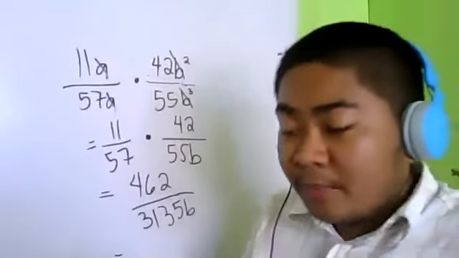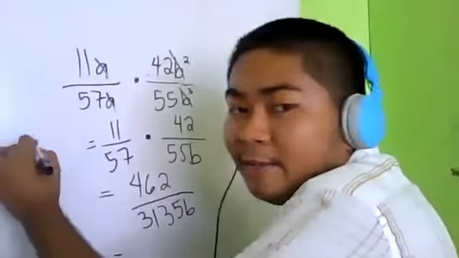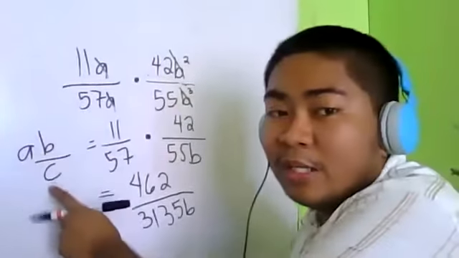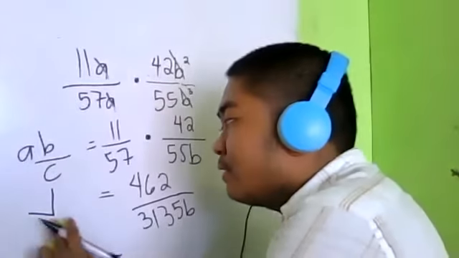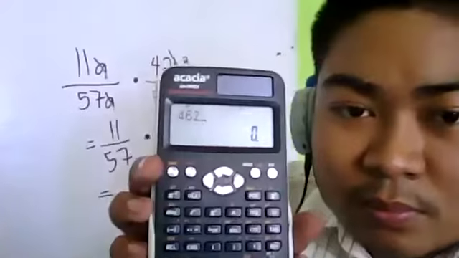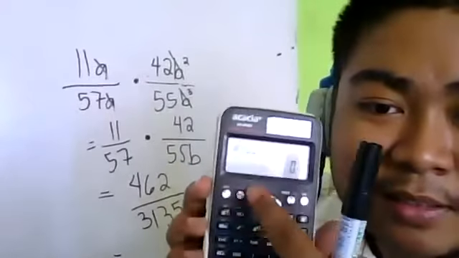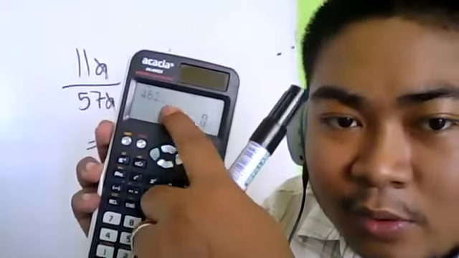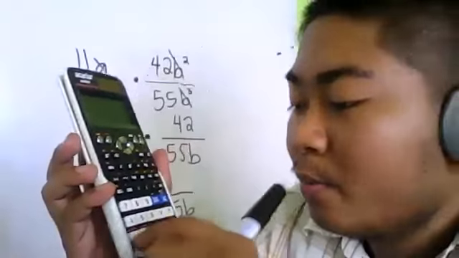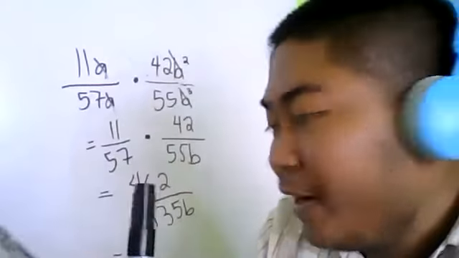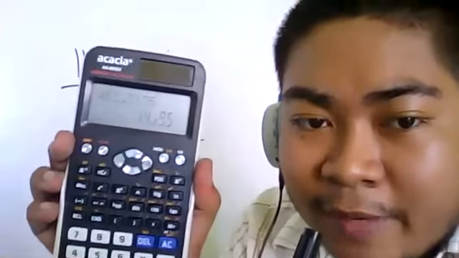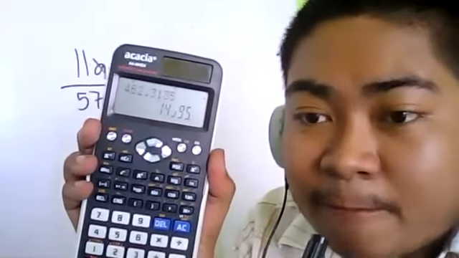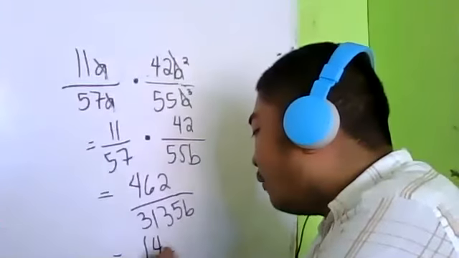Okay? And what would be its lowest term? To get the lowest term of a fraction, just press this ab/c button, the sign that looks like this. That is what we see on our calculator. For it to reach lowest term, what appears on your screen will look like this. So let's try. Input 462 over 3135. Don't write the letter or the variable, because you can't enter it. So the lowest term would be 14 all over 95. Just click the equal sign, and that's what appears: 14 all over 95.